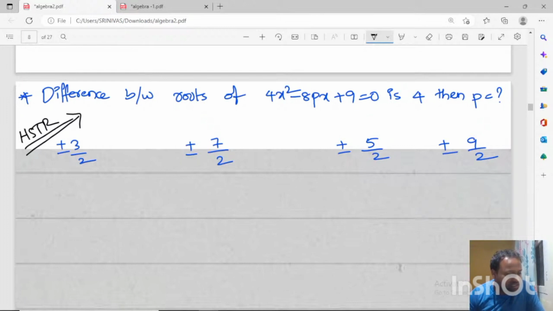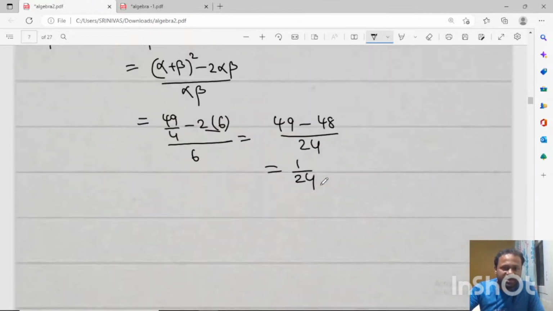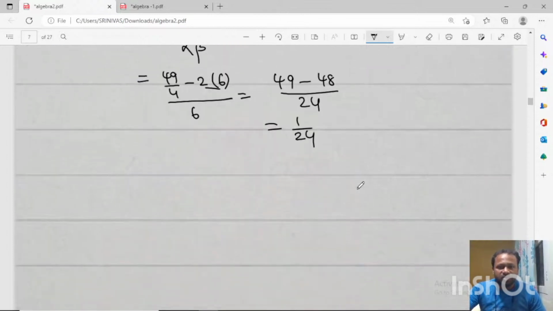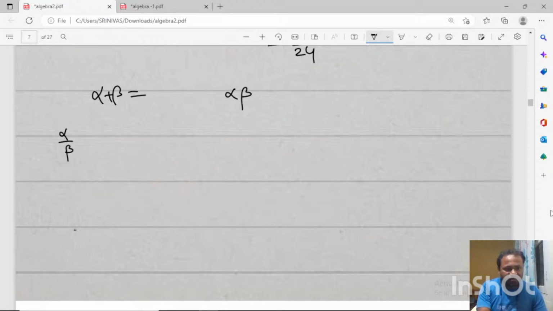Okay, Suma, you are asking if I can explain once again? Okay, why not? Let me explain once again. See how to do the problem, very simple. First we need to find alpha plus beta as well as alpha beta. The question was asked as alpha by beta plus beta by alpha.